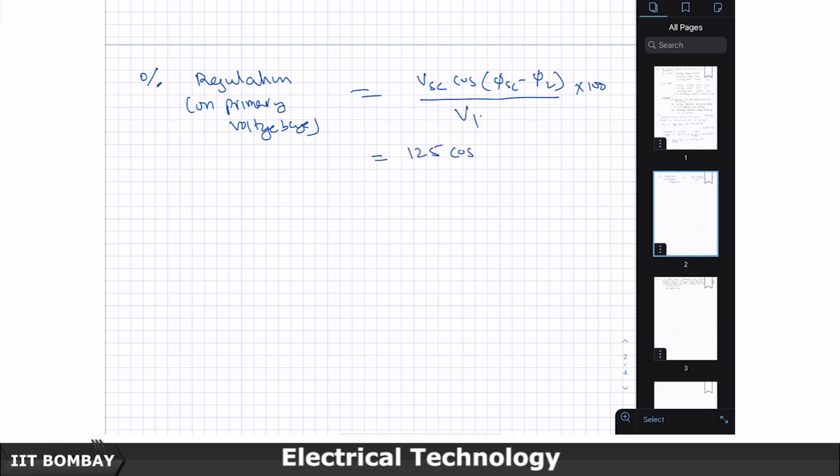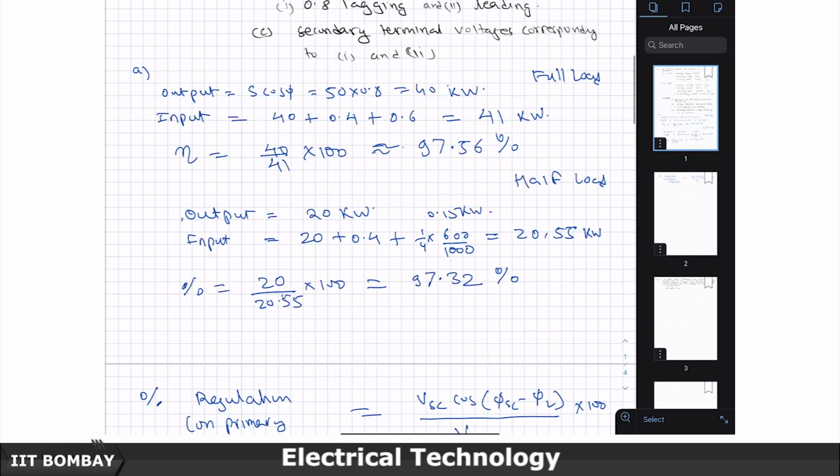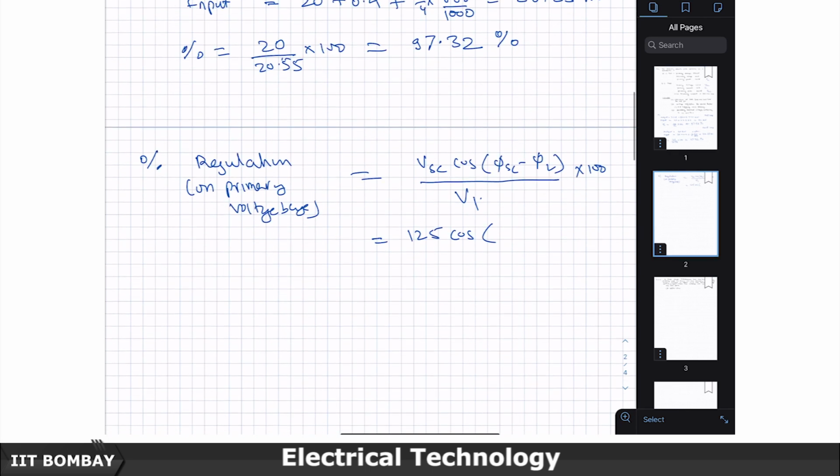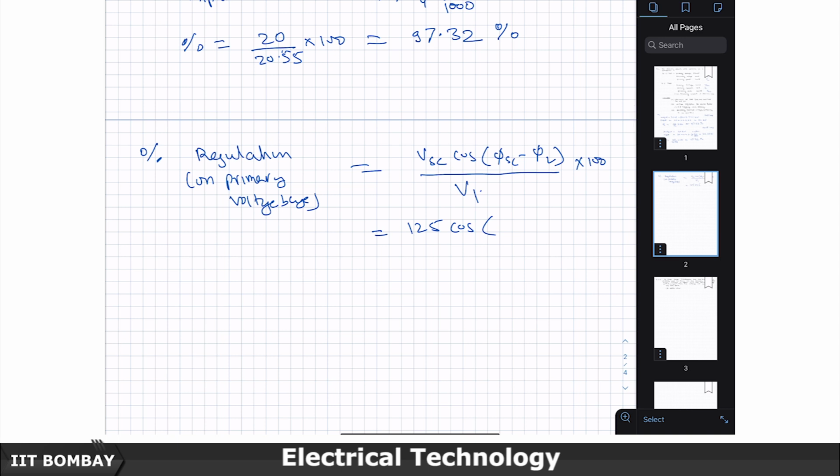So, this is 125 into cos of, now there are two power factors that we have to look at. Let us first look at the one where power factor is 0.8 lagging. So, cos of phi is 0.8, so phi is 36.86, and this minus 36.86 is fixed.